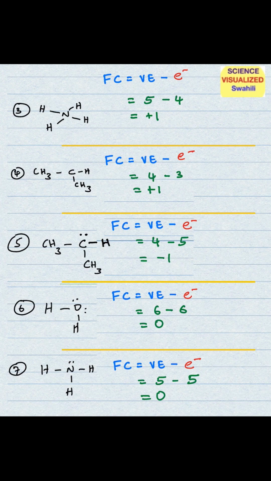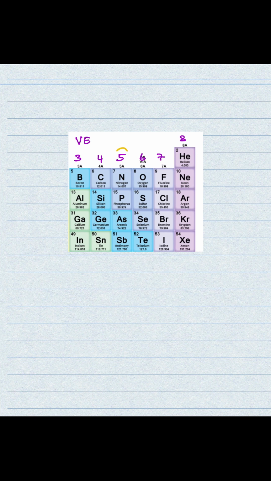In the next example, we're looking at the formal charge of nitrogen. If we look at the periodic table, nitrogen is in group 5A, meaning it has 5 electrons. So the valence electrons for nitrogen equal 5, but it needs 3 more electrons to form an octet, to form 8, and therefore the valence of nitrogen is 3. Let's plug these values into the equation.